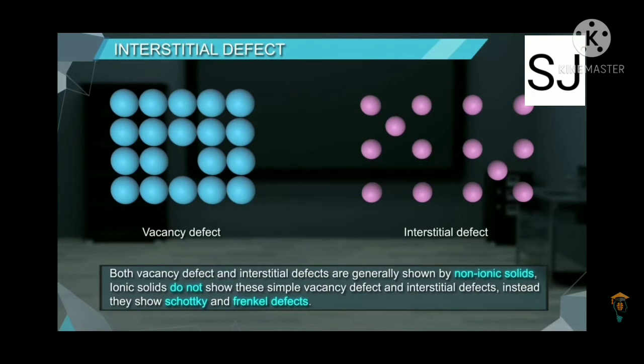Okay beta, the constituent particles occupying the interstitial sites are called interstitials, and interstitial or vacancy defects are generally shown by non-ionic solids, meaning atoms or molecules, whereas ionic solids do not show these simple vacancy defects.